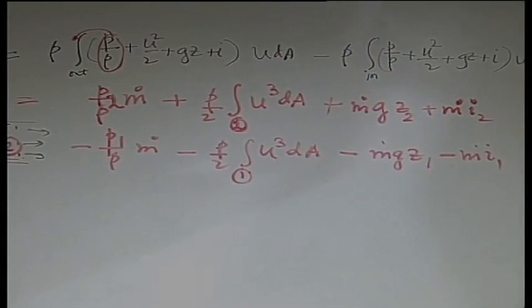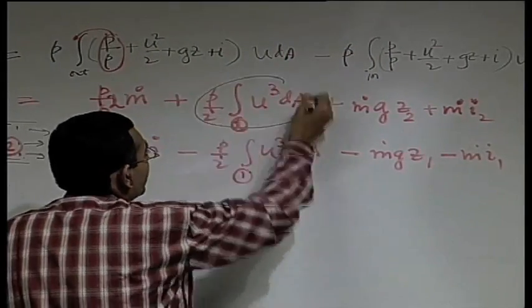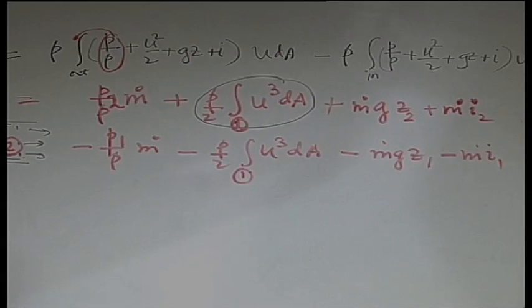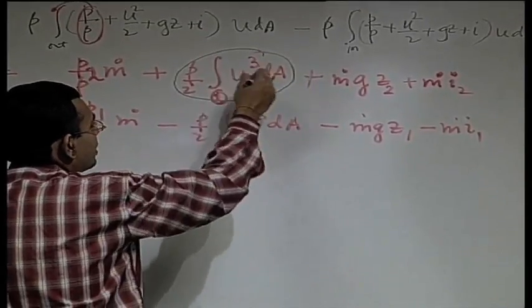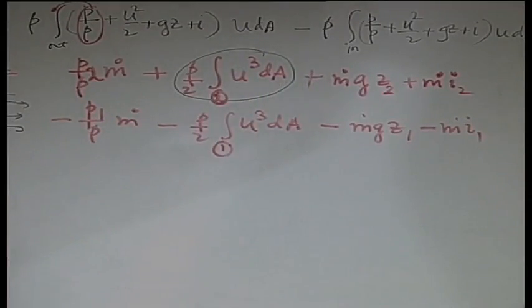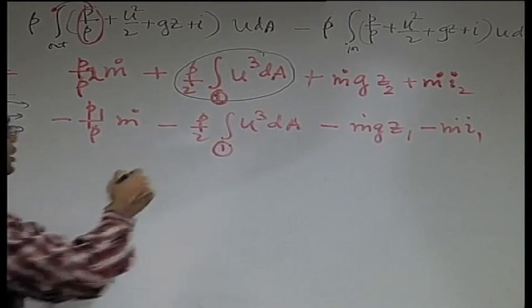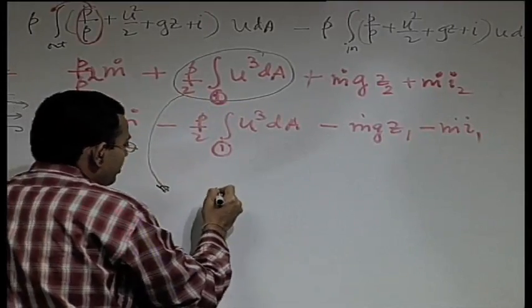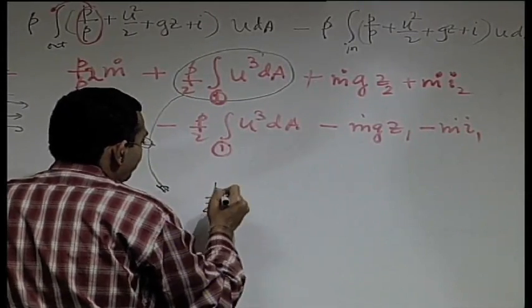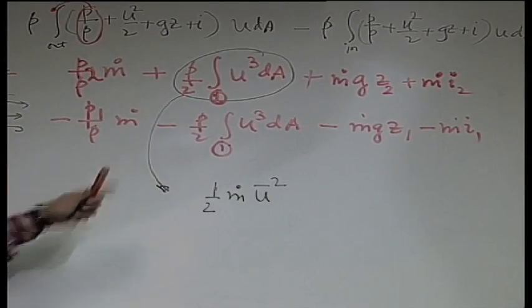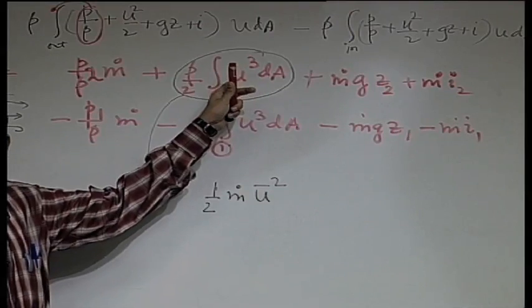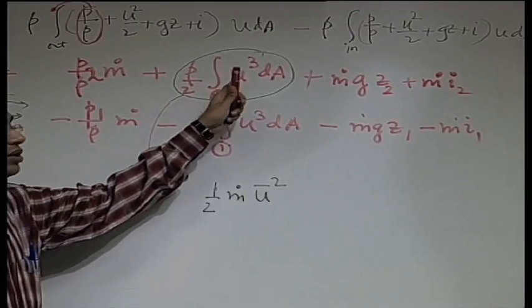Now let us say that we do not neglect this effect of velocity variation outright, but we somehow make up for our negligence. If we do not consider this effect and consider the velocity same as the average velocity, then one approximation to this term could be half m dot into u average square, because this is like kinetic energy, since rho u dA is like m dot.